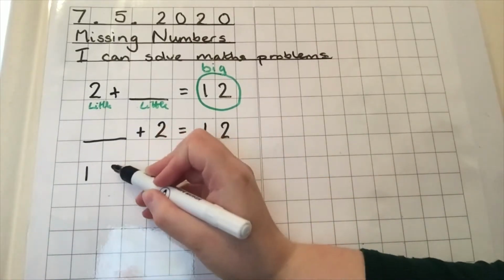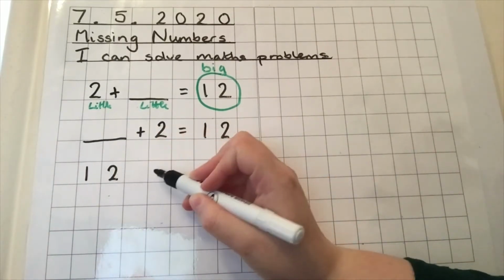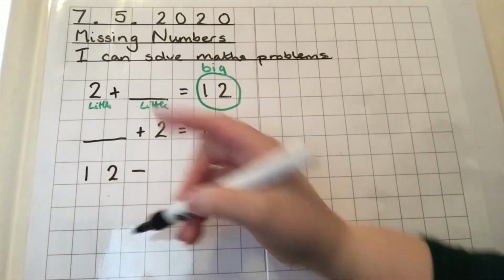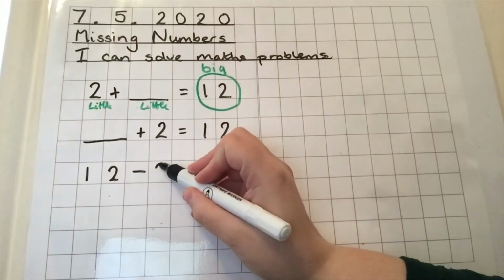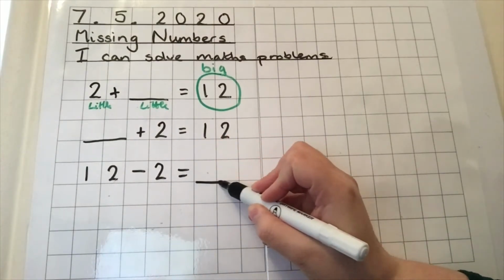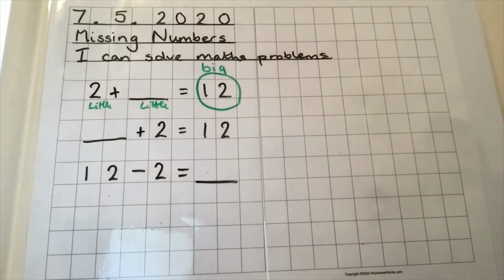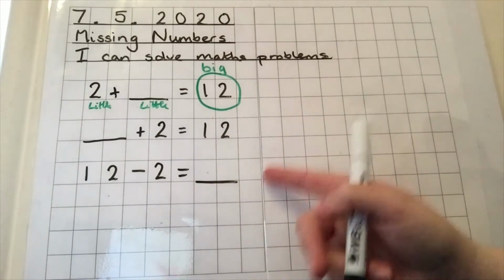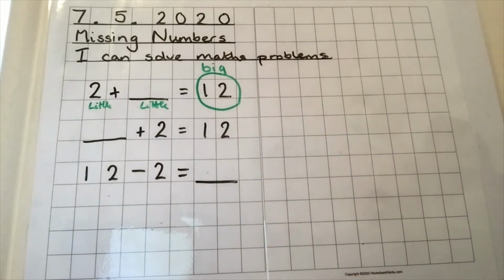So let's see if our takeaway ones help us. So we've put our big number first. We've put the little number that we know, equals, and then our third number is our missing number. And look, we've now got our empty spot at the end of the sum, which is where we're comfortable with it.